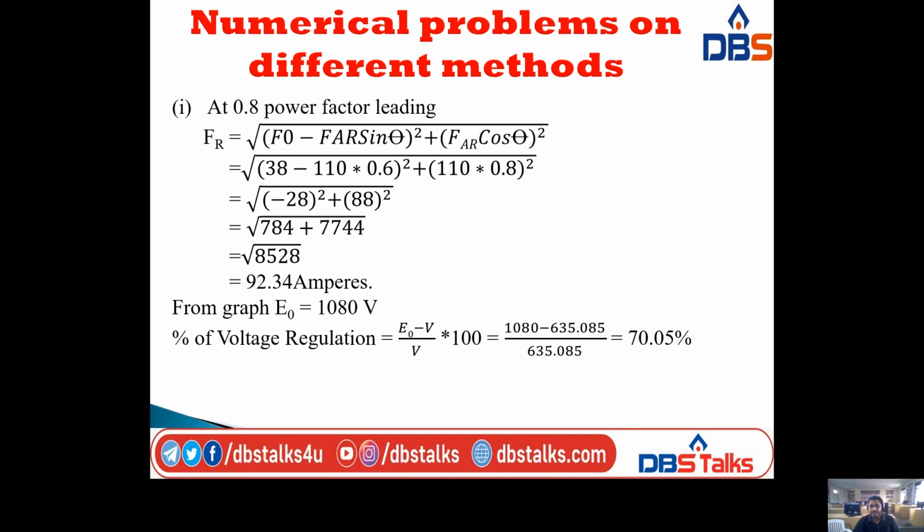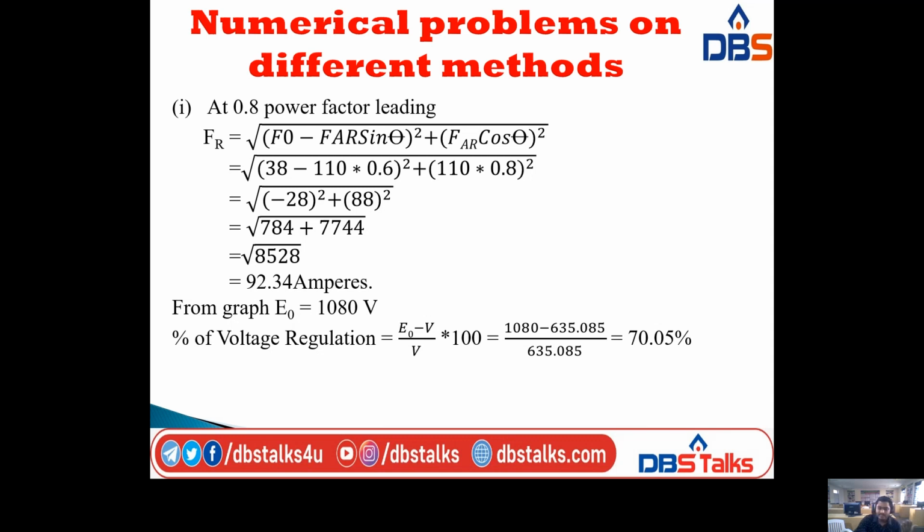But here I am taking the leading power factor, so FR is equal to root of (F naught minus FAR sin phi) whole square plus (FAR cos phi) whole square. We already know the F naught, FAR, sin phi and cos phi values. Substituting, we have root of (38 minus 110 into 0.6) whole square plus (110 into 0.8) whole square, and finally the resultant value is 92.34 amperes.